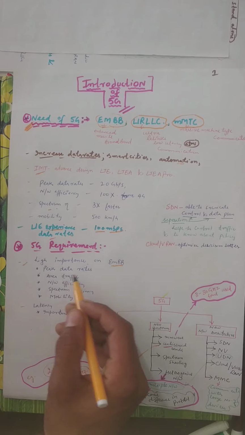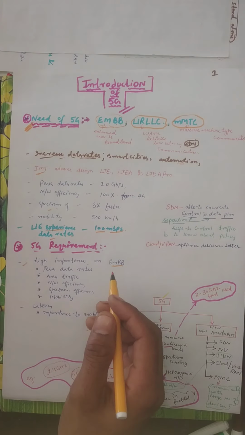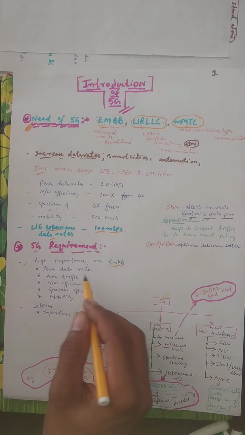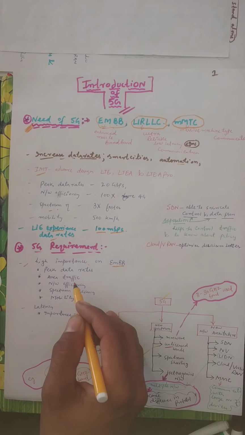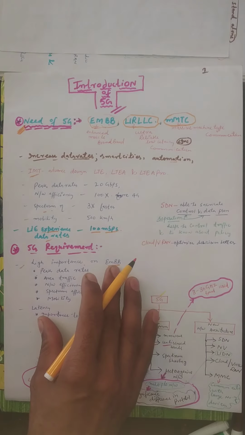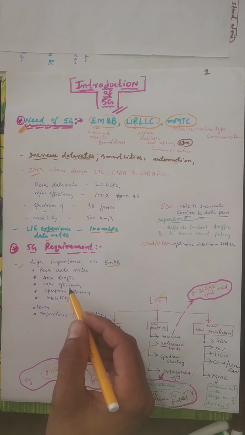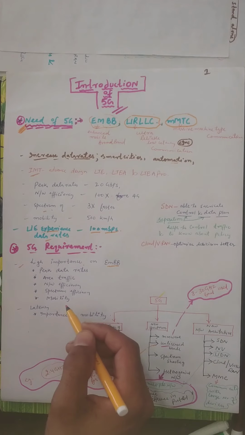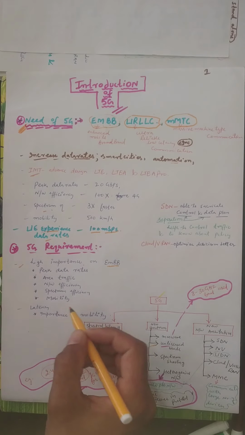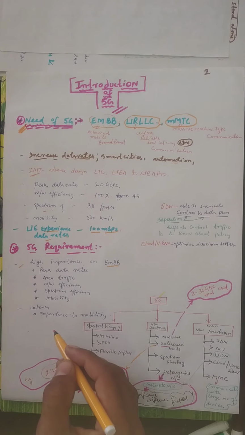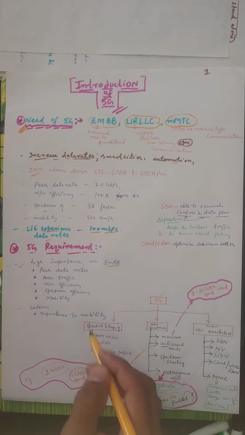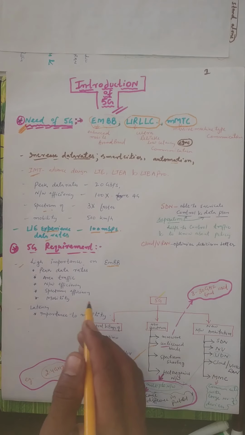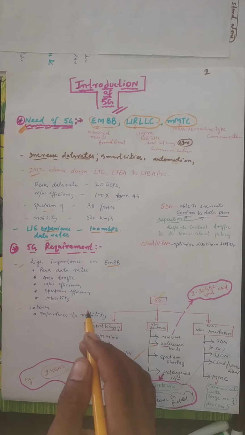These devices need the peak data rates, control of area traffic, network efficiency, spectrum efficiency, and mobility of the users. And latency is also important. Here these are the 5G requirements.